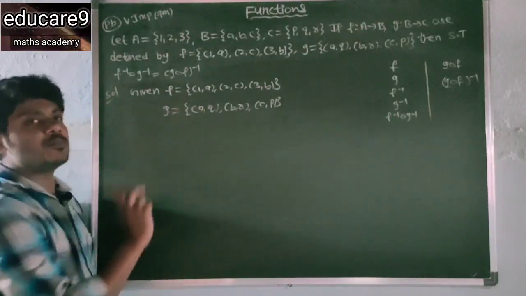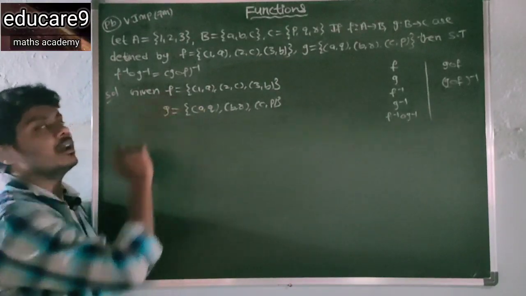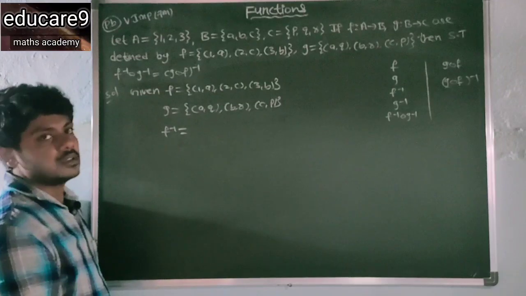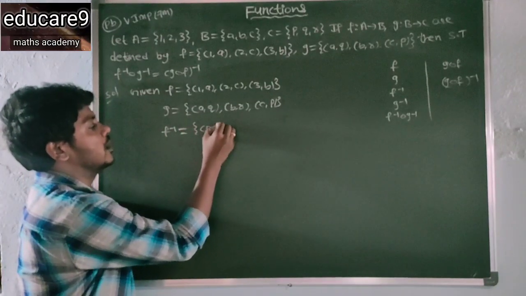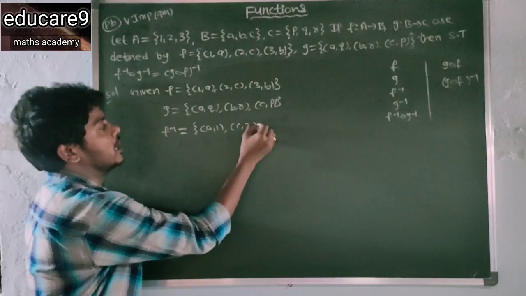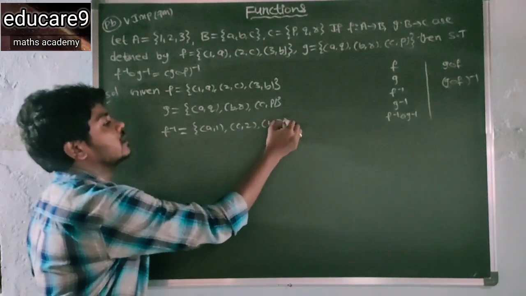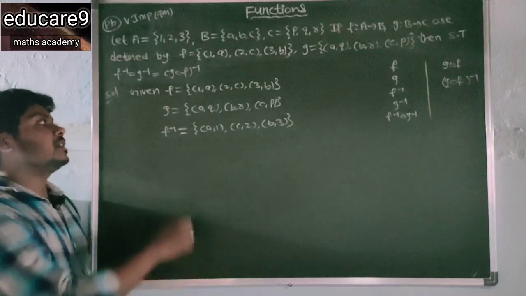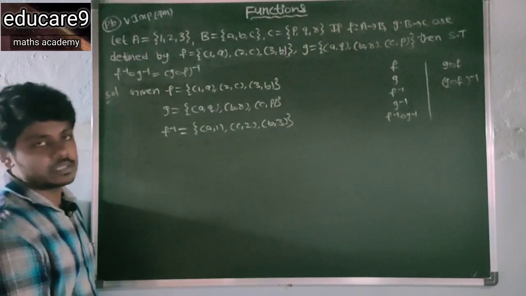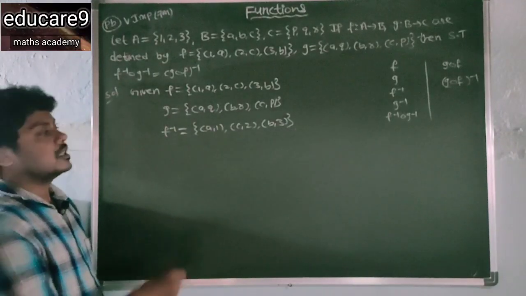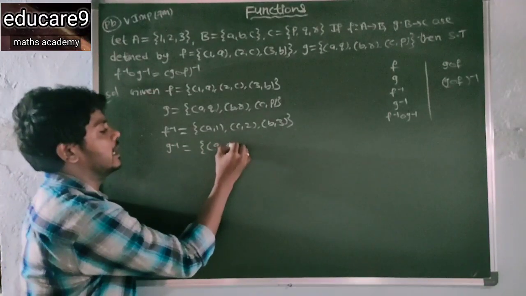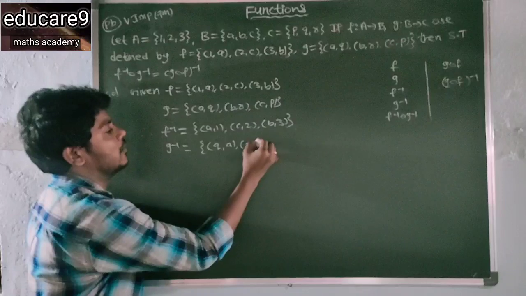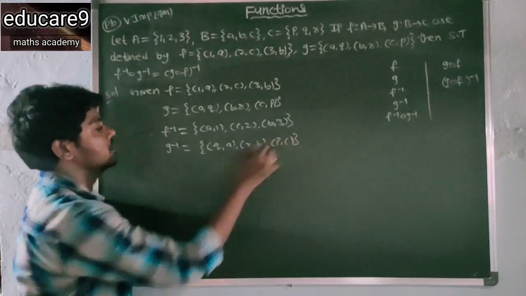So clearly F is a bijection and the inverse exists. So then F inverse is (A, 1), (C, 2), (B, 3). And clearly G is also a bijection, the inverse exists. Then G inverse is (Q, A), (R, B), (P, C).